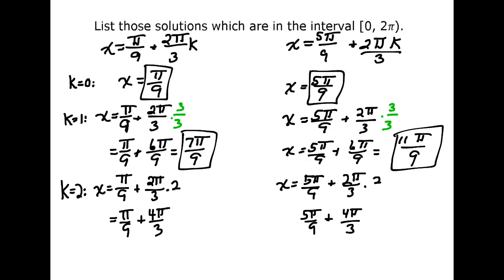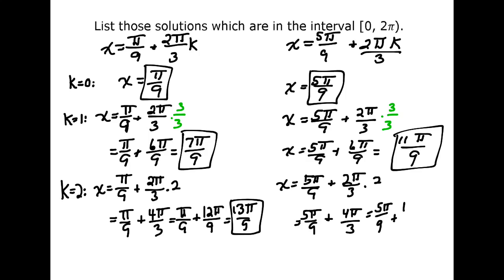And if we get a common denominator of 9, we multiply the numerator and denominator by 3 here. So I'll have 12 pi over 9, which gives 13 pi over 9. Here, if I multiply by 3/3, I would also have 12 pi over 9, so 17 pi over 9.